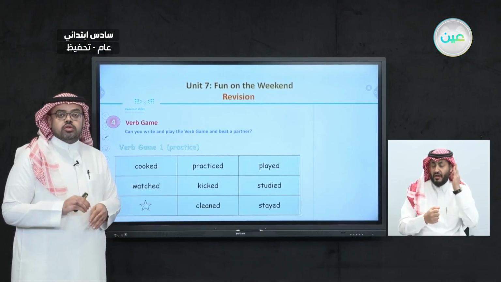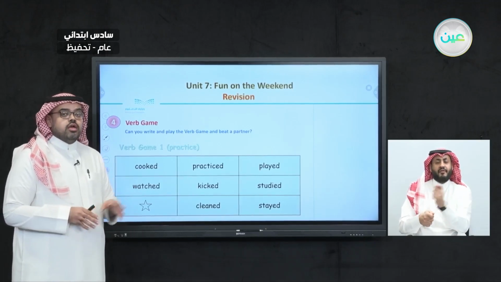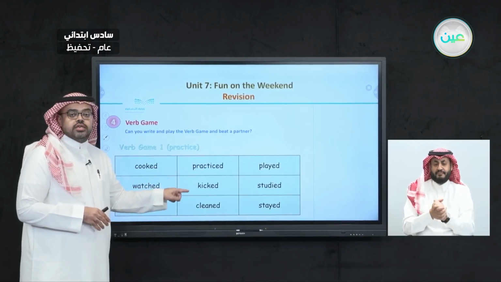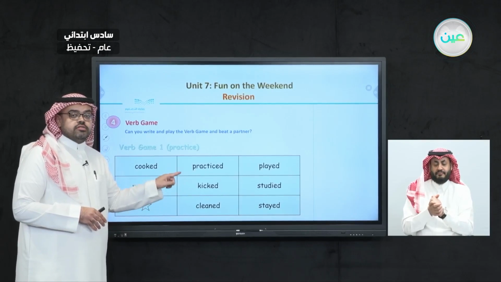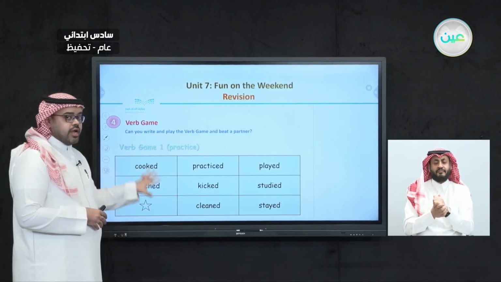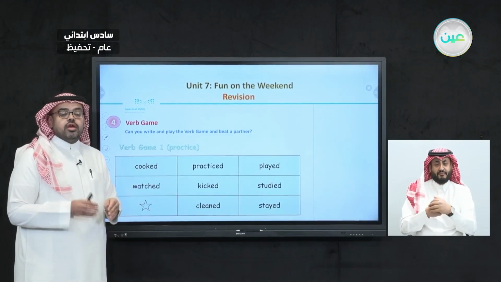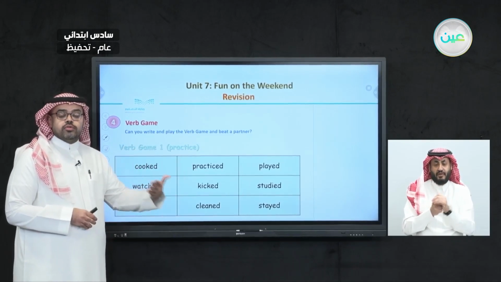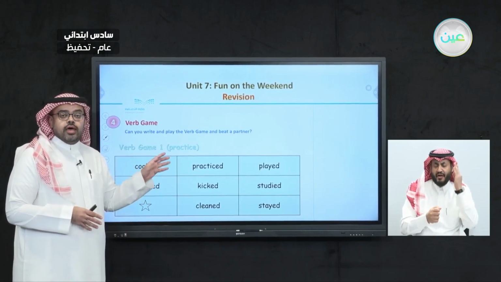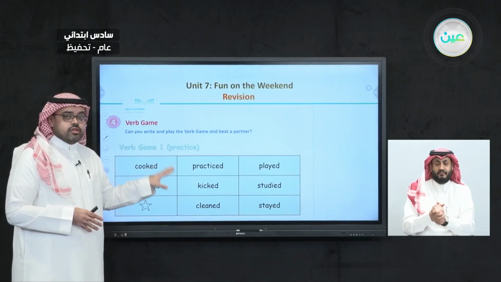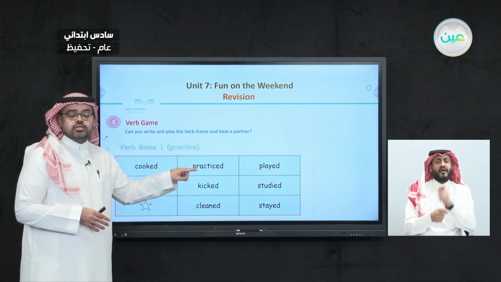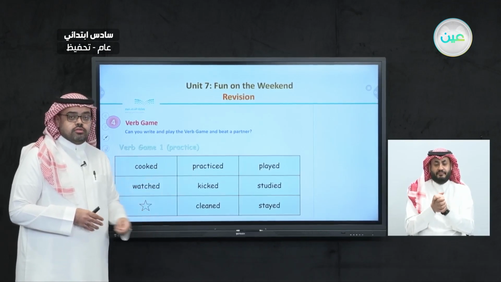Once he hears those sentences, he will underline the verb that comes in them. So as a practice in the last lesson, I said a couple of sentences and asked you to repeat them and decide what the verbs were that I mentioned.